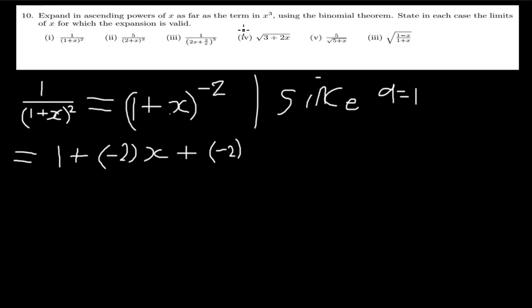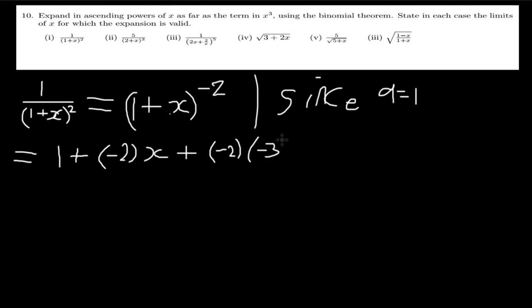Since the question is telling us to reach as far as the term x to the power 3, this is my first x, and then this is now n, and then n minus 1. So this is just the same as negative 2 minus 1, which is negative 3.